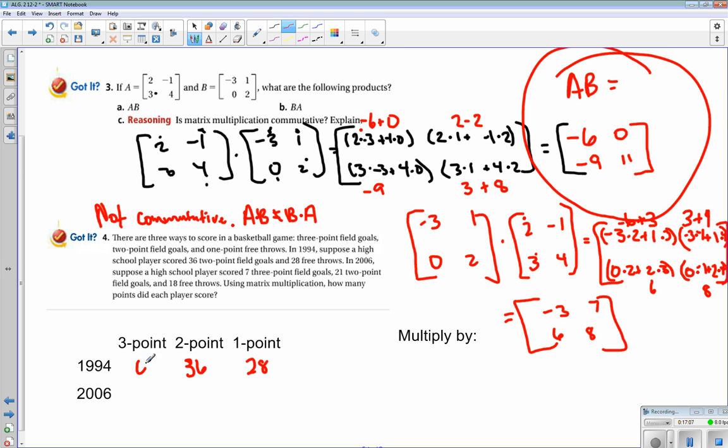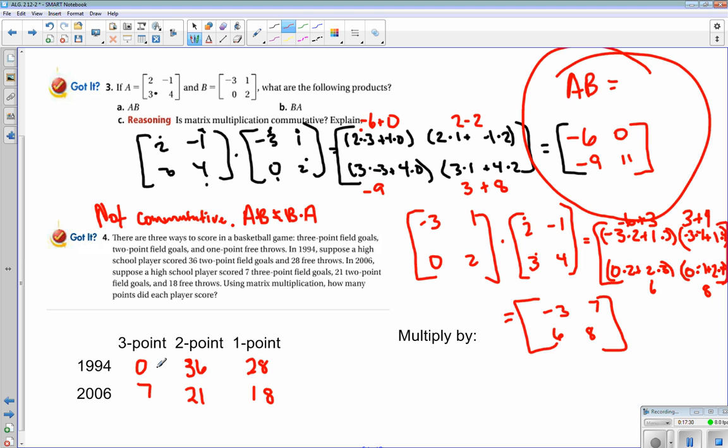We have to, for the record, show that there were no 3 points. In 2006, a high school player scored 7 3-point field goals, 21 2-point field goals, and 18 free throws. Using matrix multiplication, how many points did each player score?